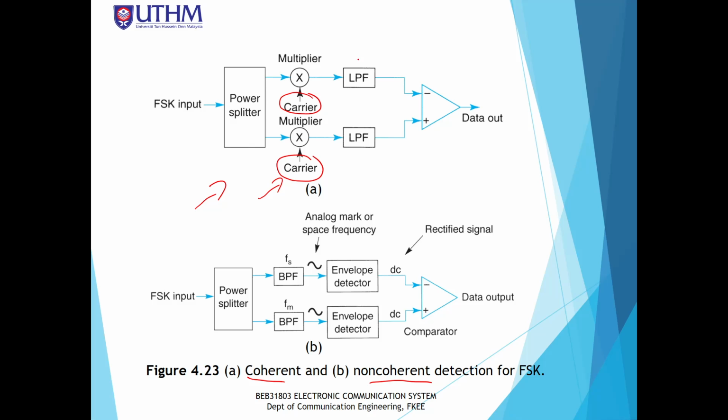Okay, and then we can use a low pass filter to select the lower side. Sama juga dengan yang sini. So for example, this is for the high frequency, this is for the low frequency. Okay, and then masuk ke dalam adder di sini. So you akan dapat data output dalam digital 101010.